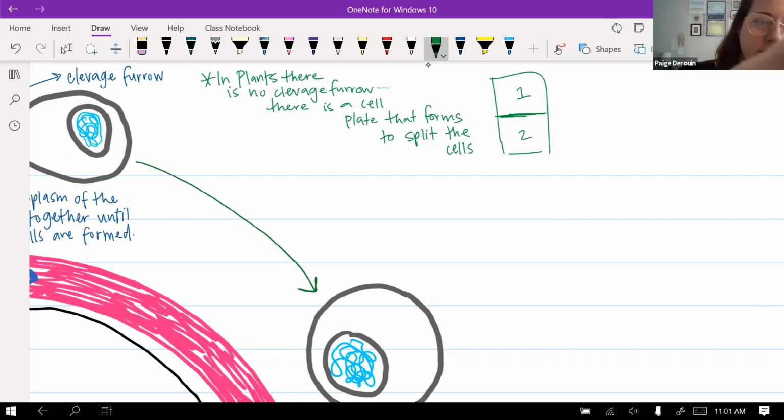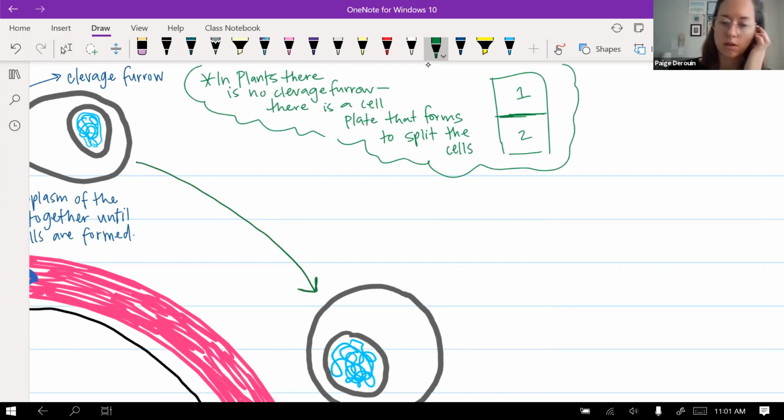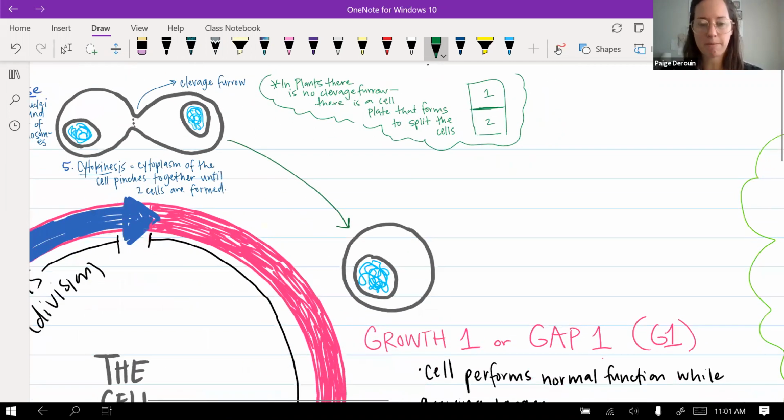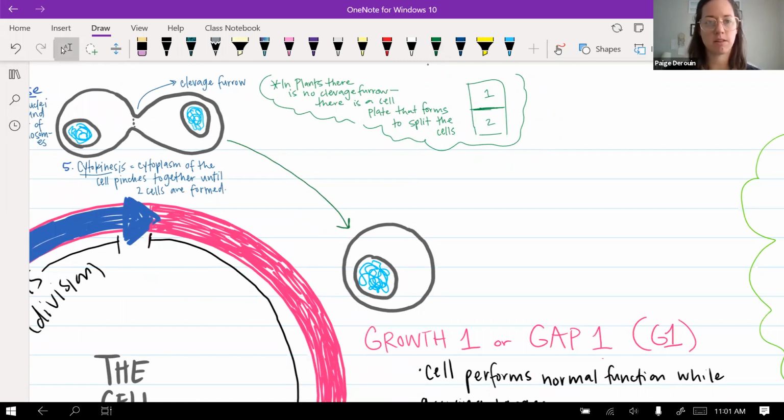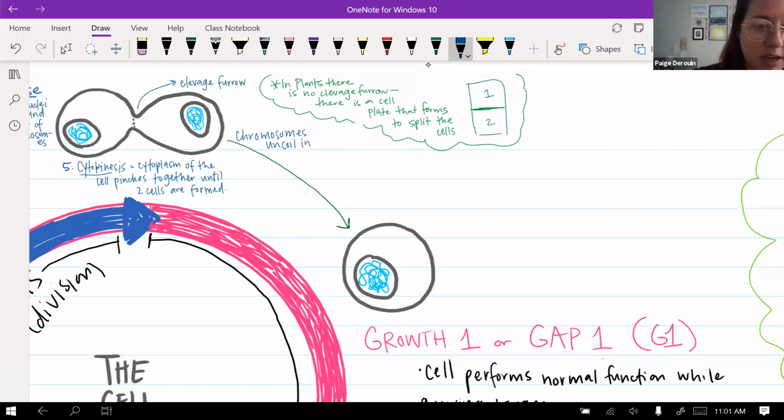But again, we're not really focusing on plants. I just wanted to mention that it's different. And then look where we are after that. We're right back to the beginning, to growth 1. So also during this time, the chromosomes uncoil back into chromatin.